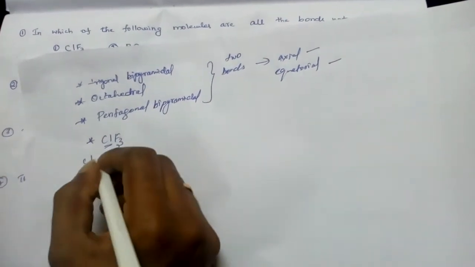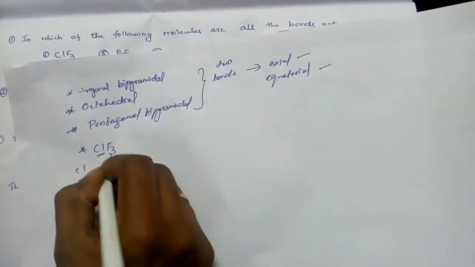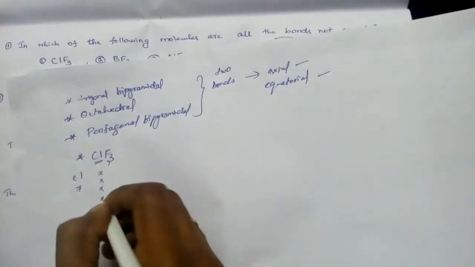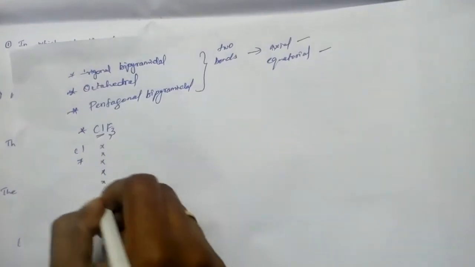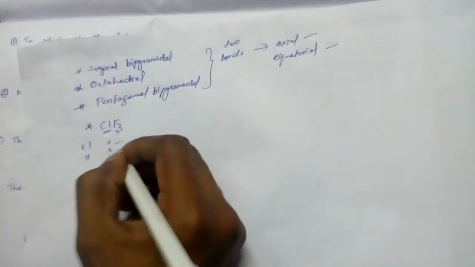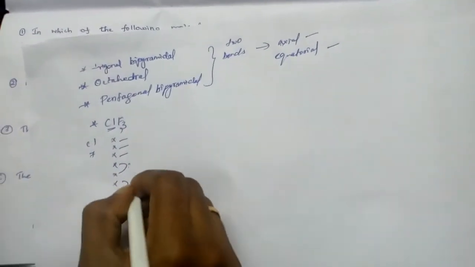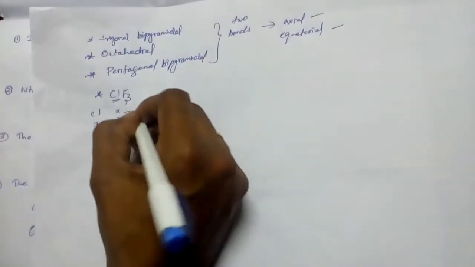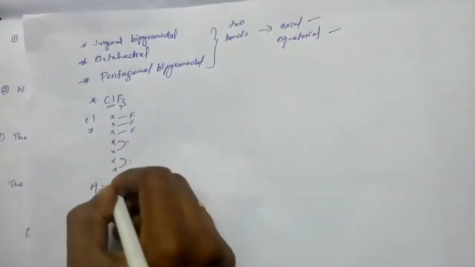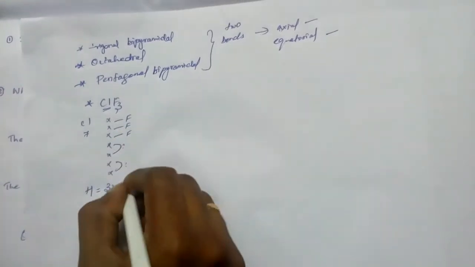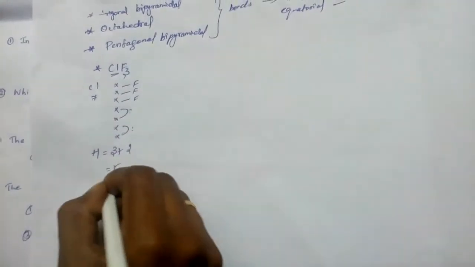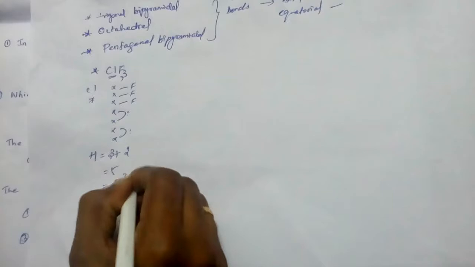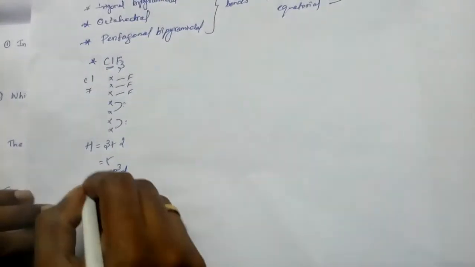Chlorine comes in the 7th group, so its valency is 7. Fluorine has 3 bonds, and these two are lone pair electrons. Hybridization H is equal to number of bond pairs or sigma bonds 3 plus 2 lone pairs. So H is equal to 5, so sp3d hybridization.